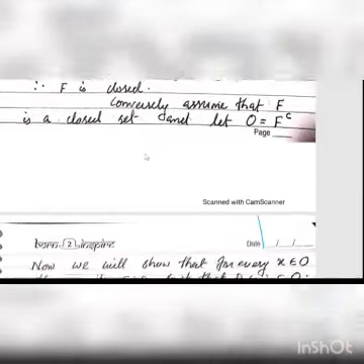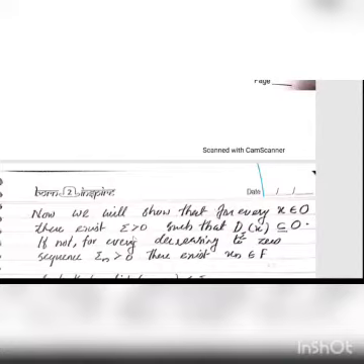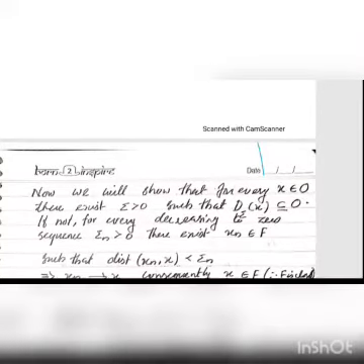So you have taken a sequence epsilon n and a sequence xn, with distance between xn and x less than epsilon n. Epsilon n decreases, like 1 by n as n tends to infinity, so the distance between xn and x becomes very small, that is, xn converges to x.